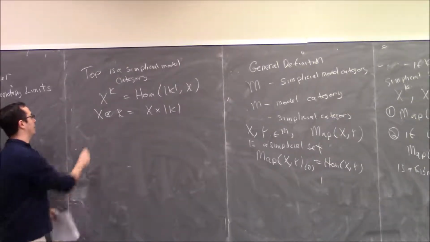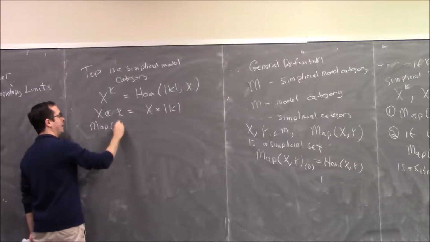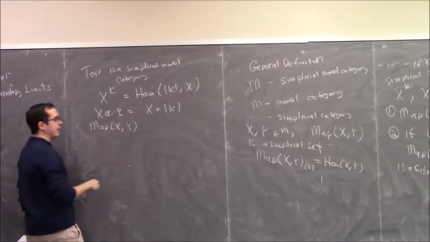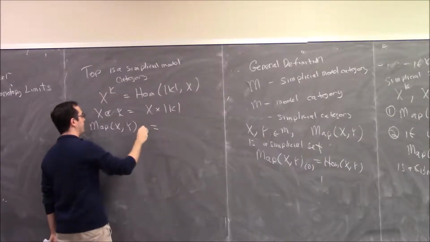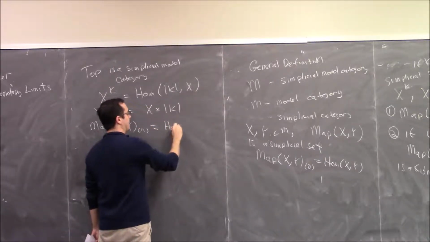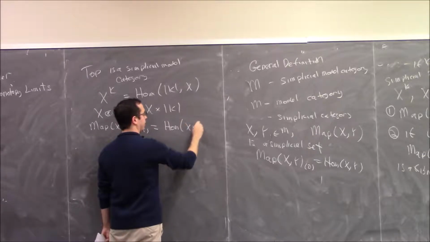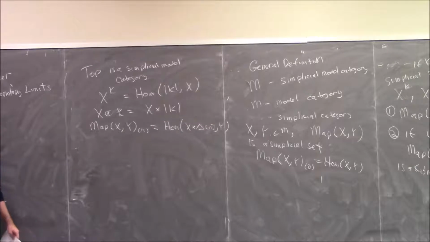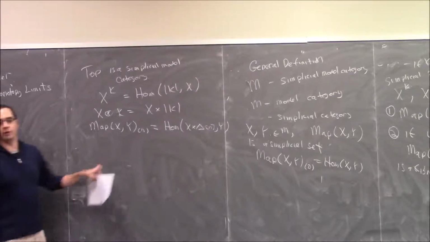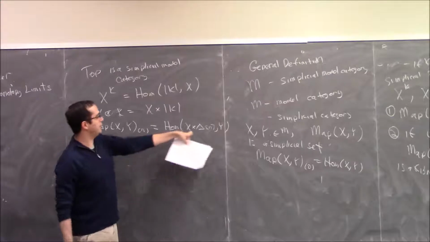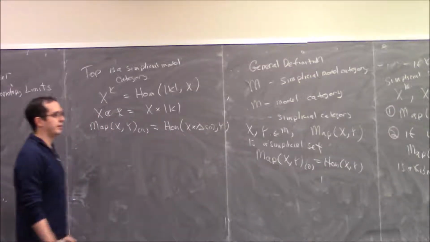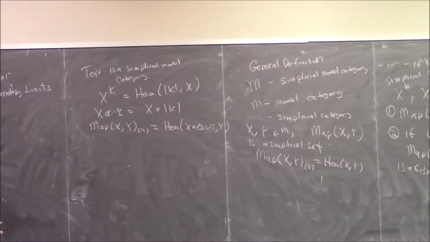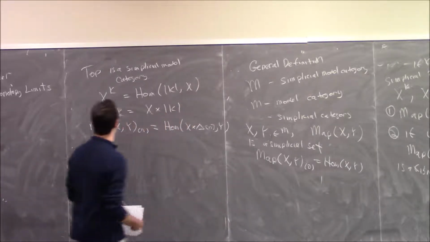And then map(X, Y), we want that to be a simplicial set, so in degree n, we're saying that's Hom of X cross delta n into Y. And then you use your face and degeneracy maps. So this, with the usual model structure, will make Top into a simplicial model category.